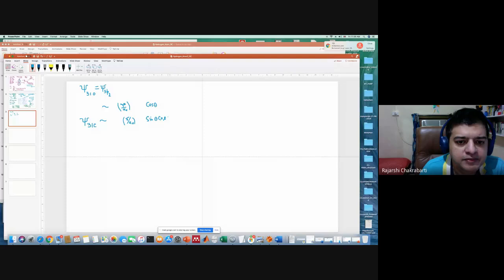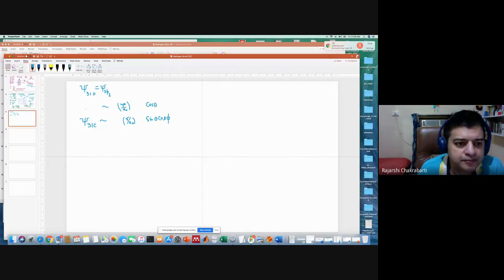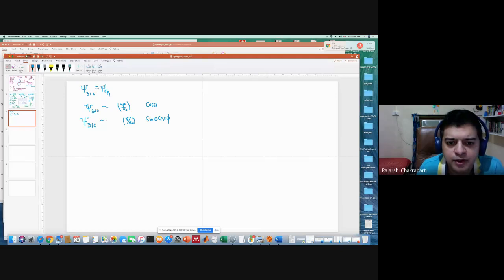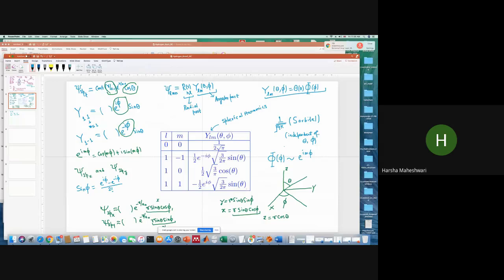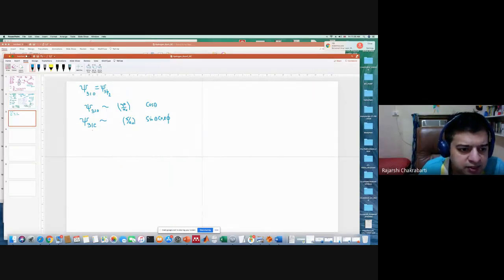Remember this, no? What is this orbital? Can anyone tell me? 3px. Remember, this is r sin theta cos phi. Is this x or y? It has to be x. So this is psi 3px.